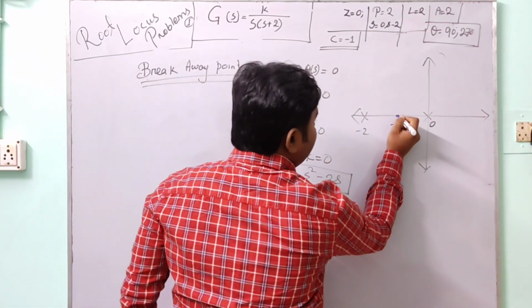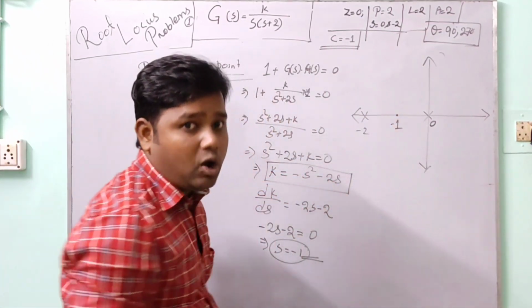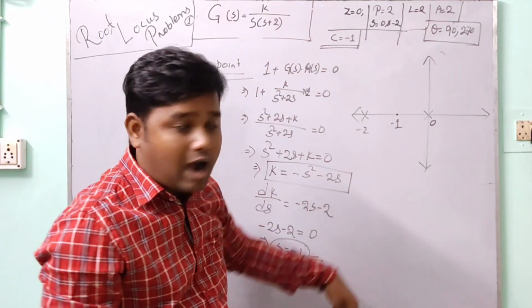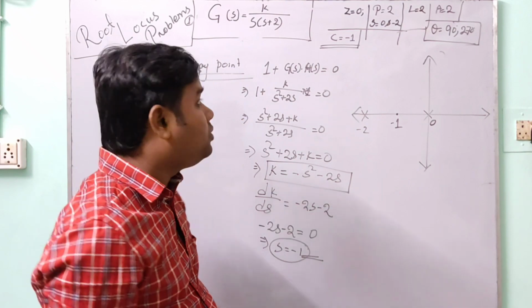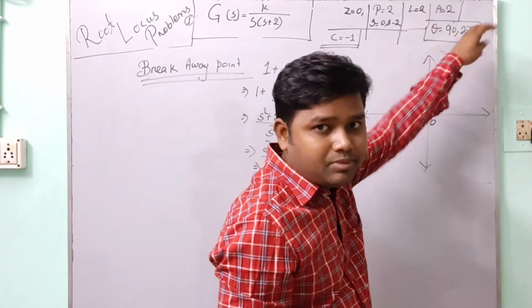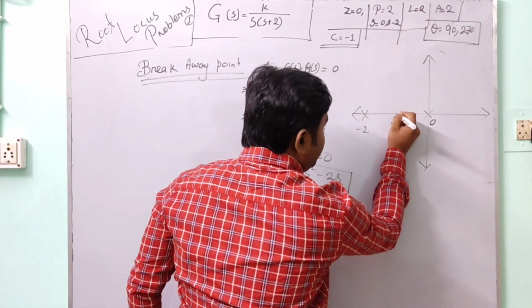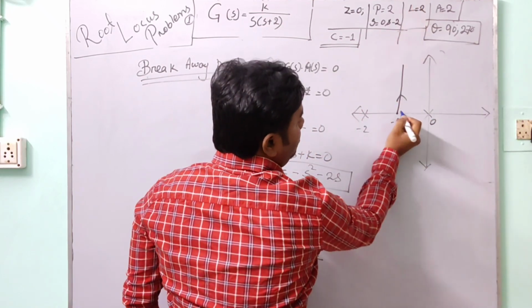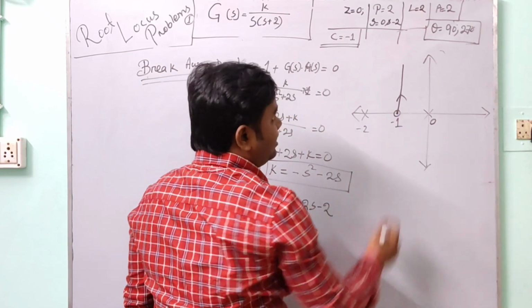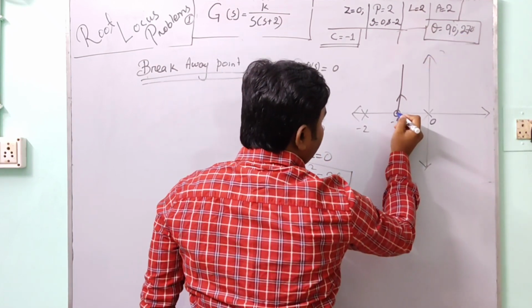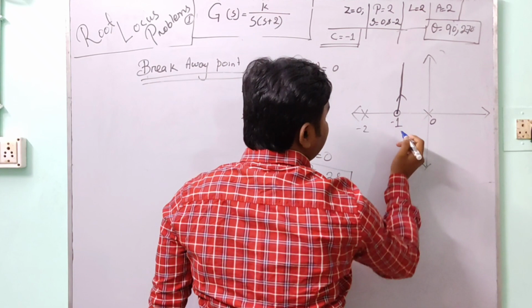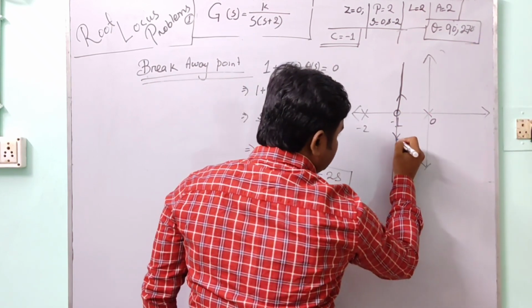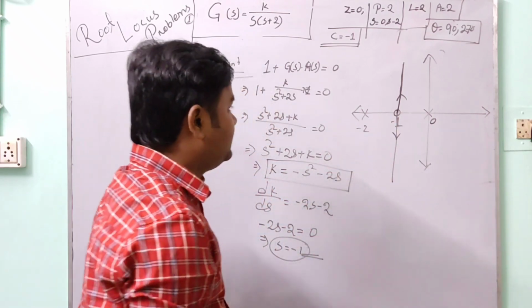At this breakaway point the branches will go outwards. At which angle? The angles are 90 degree and 270 degree. So at s is equal to minus 1, at 90 degree one branch goes upwards, and at 270 degree the other goes downwards.